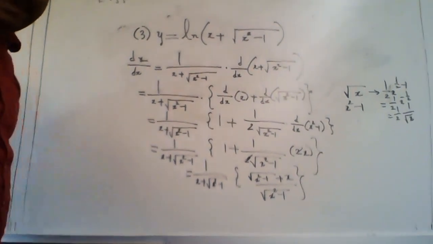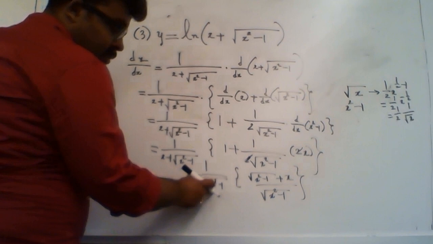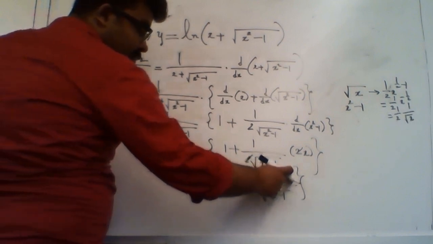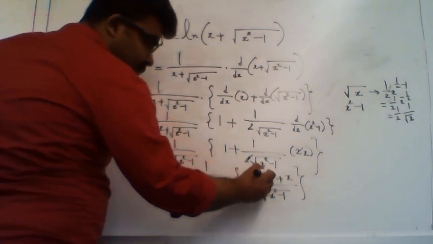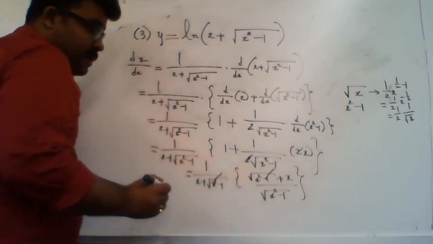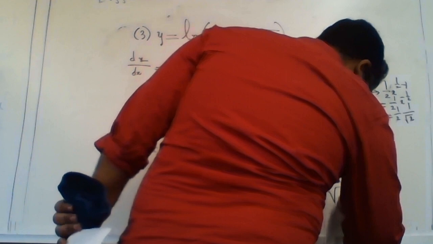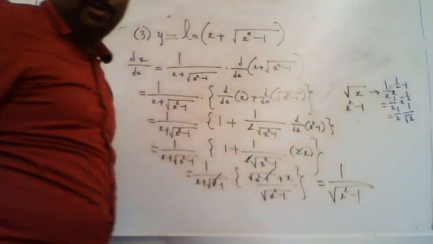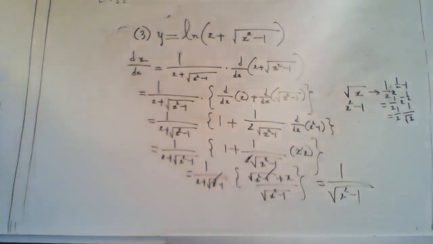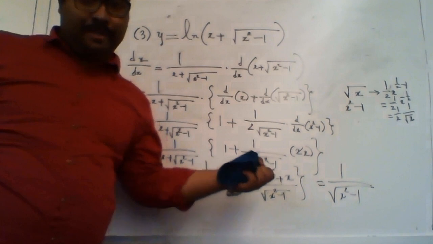Now you see that x plus square root of x squared minus 1, here I also have x plus square root of x squared minus 1, so they get cancelled, and I will be just left with 1 by square root of x squared minus 1. This should be my answer. So take it down. This is how we are going to do it.